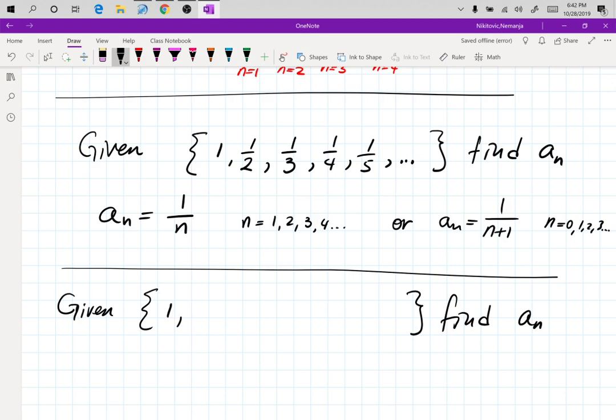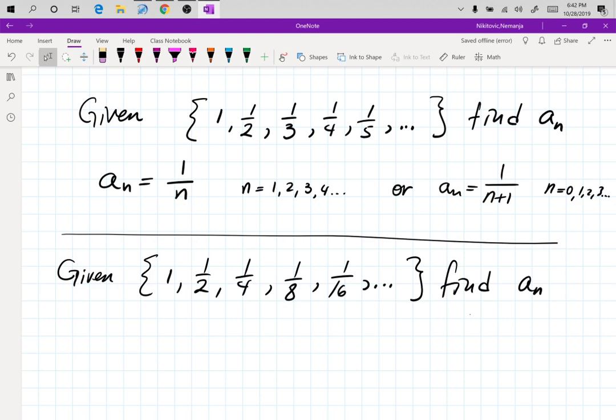So 1, 1/2, 1/4, 1/8, 1/16, and so on. Excellent. 1 over 2 to the n, and you start counting where? 0.